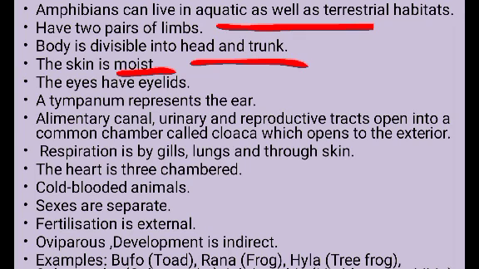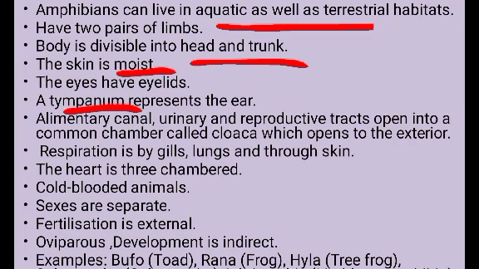Then the eyes have eyelids, that is, a nictitating membrane is present. Then the ear: they do not have an external ear, but a tympanum is present. Tympanum is the eardrum or a membrane that represents the ear in the case of amphibians.